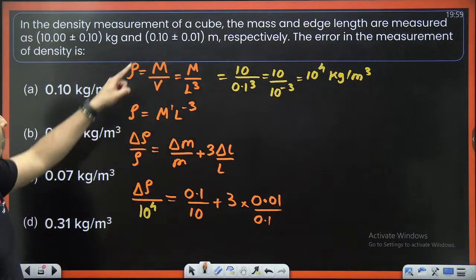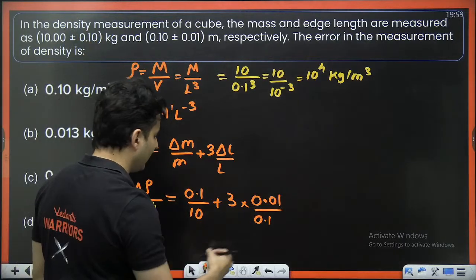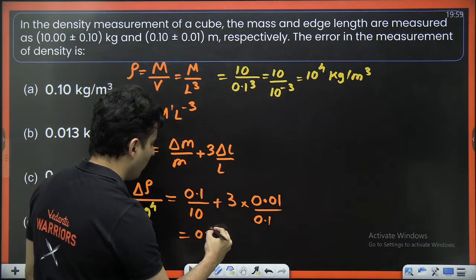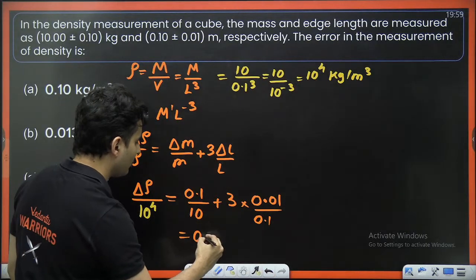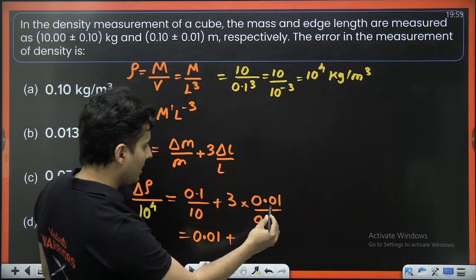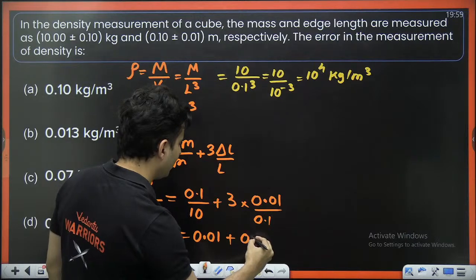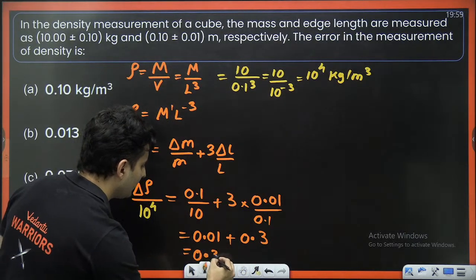That's what it is. If you want, you can just shift the decimal places so that it looks good. So it will be 0.1, or just write it like this, 0.01 plus this will be 0.1 only. So it will be 0.3, I believe. So this will be 0.31.